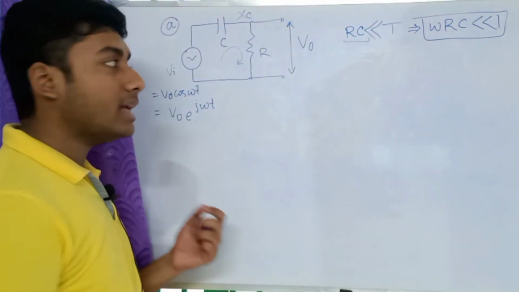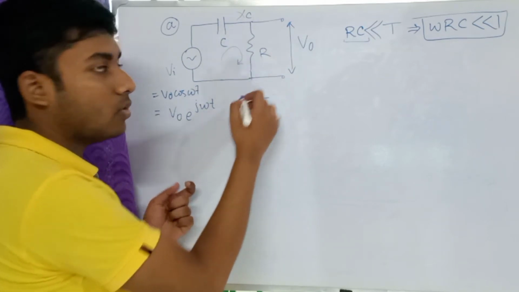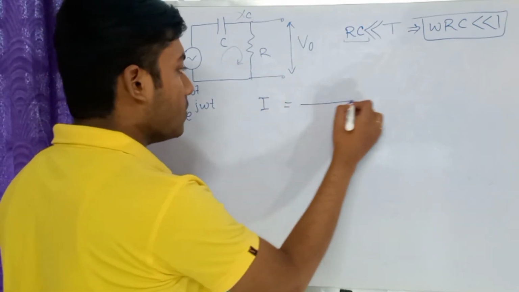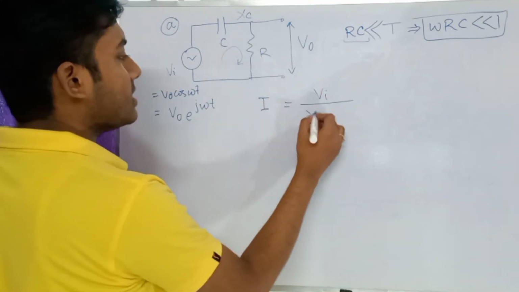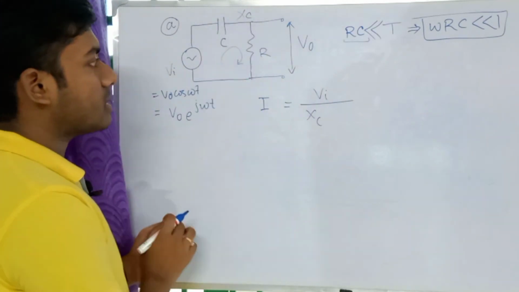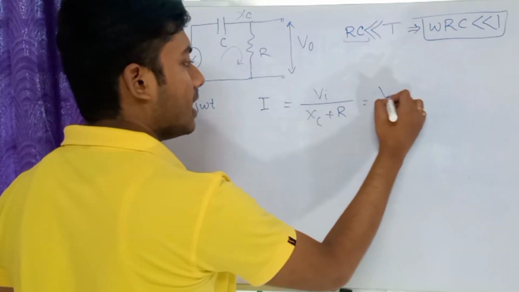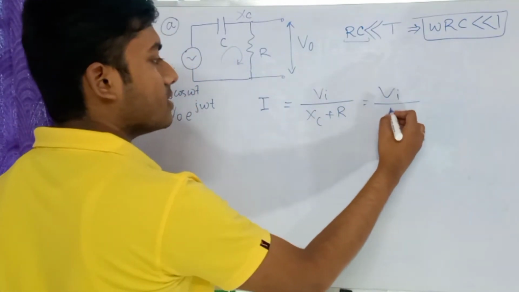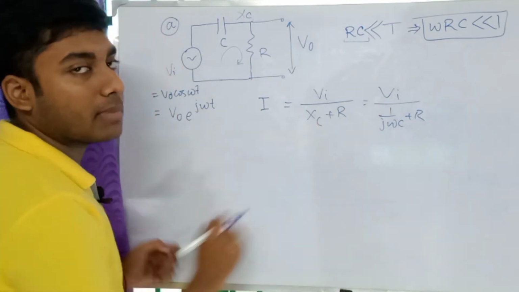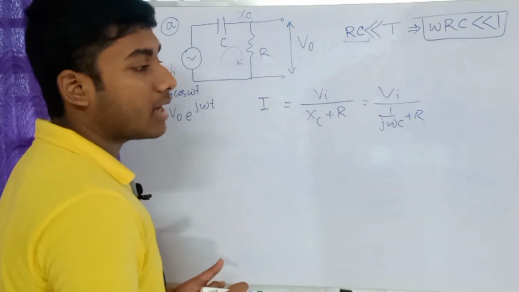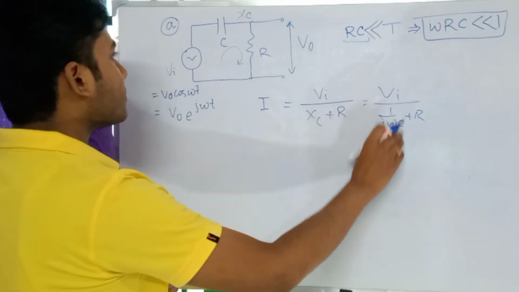Applying KVL for this loop, the current in this loop is I equals V input divided by the impedance of this capacitance plus R, this resistance. So this is Vi divided by 1 by j omega C plus R, where 1 by j omega C is the representation in terms of rotating vectors, the j operator.